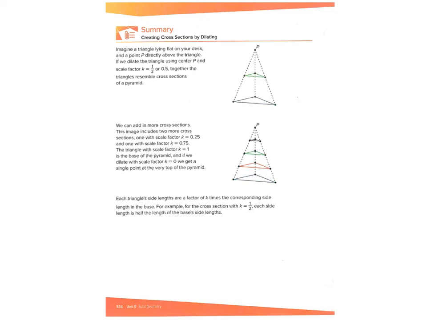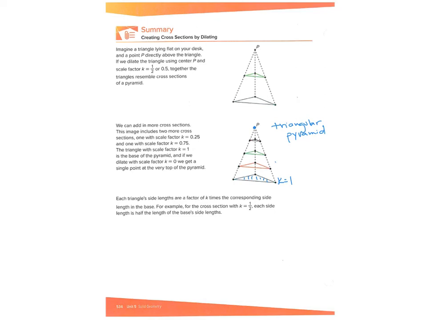So again, in this particular pyramid, because it goes up to a point, I know it's a pyramid, and the base is a triangle. So this is a triangular pyramid. And for example, my base is my original. And then every triangle is somewhat smaller.